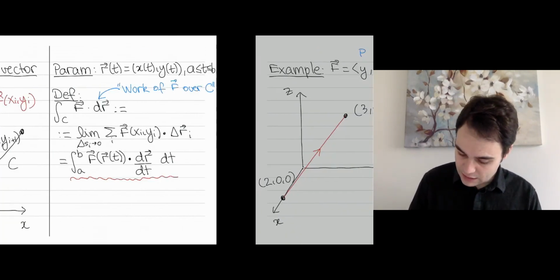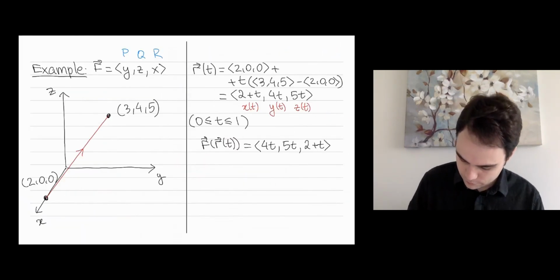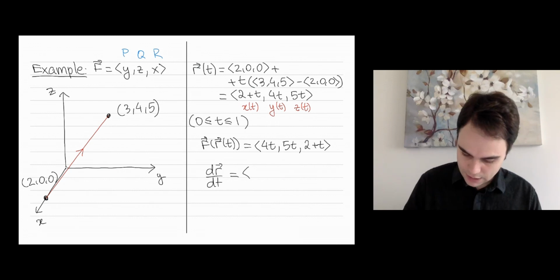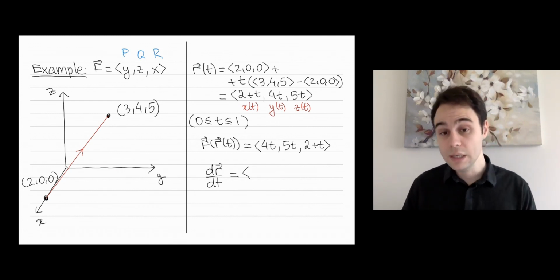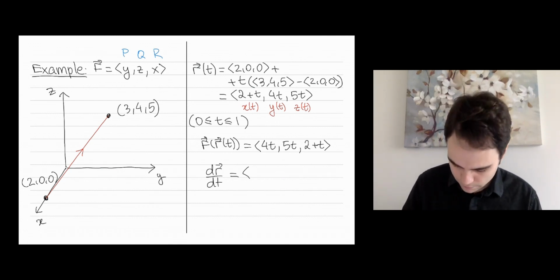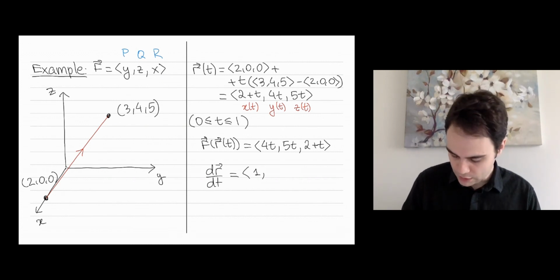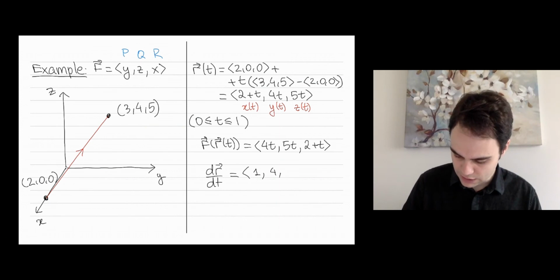The other thing we need is dr dt. x is 2 plus t, so dx dt is 1. y is 4t, so dy dt is 4, and z is 5t, so dz dt is 5.